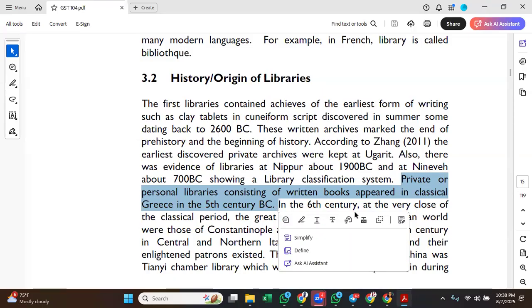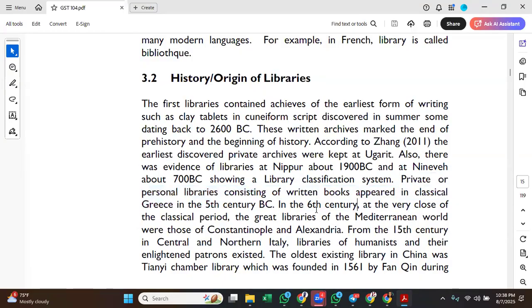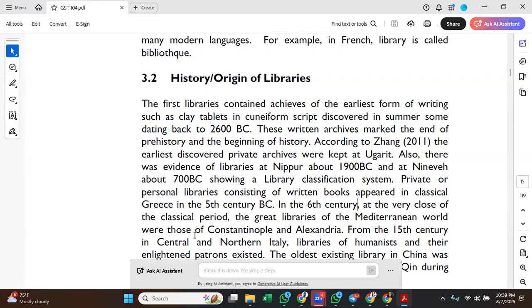Now, in the 6th century, at the very close of the classical period, which was basically in the 5th century, the great libraries of the Mediterranean world were those of Constantinople and Alexandria.